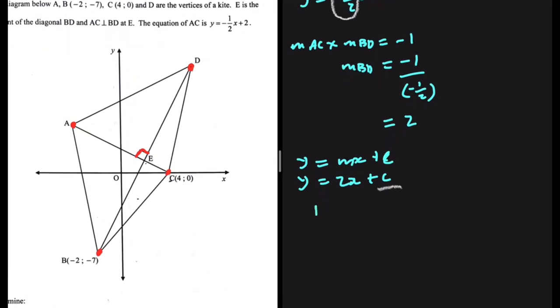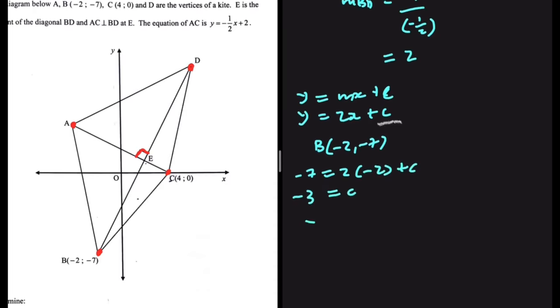We are given the coordinates of B, so let's substitute that into our equation. We're going to have minus 7 being equal to 2 multiplied by minus 2 plus c. Minus 3 is equal to c. So now we can say that the equation of BD is 2x minus 3.